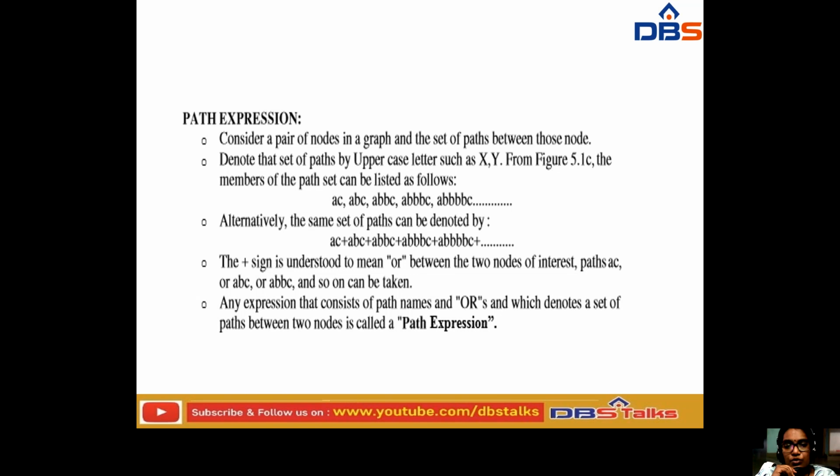The plus sign is understood to mean or between the two nodes of interest, that is paths AC or ABC or ABBC and so on can be taken. Any expression that consists of the path names or which denotes the set of paths between the two nodes is known as a path expression. So from these paths we can say that we are going to denote these types of path expressions here.